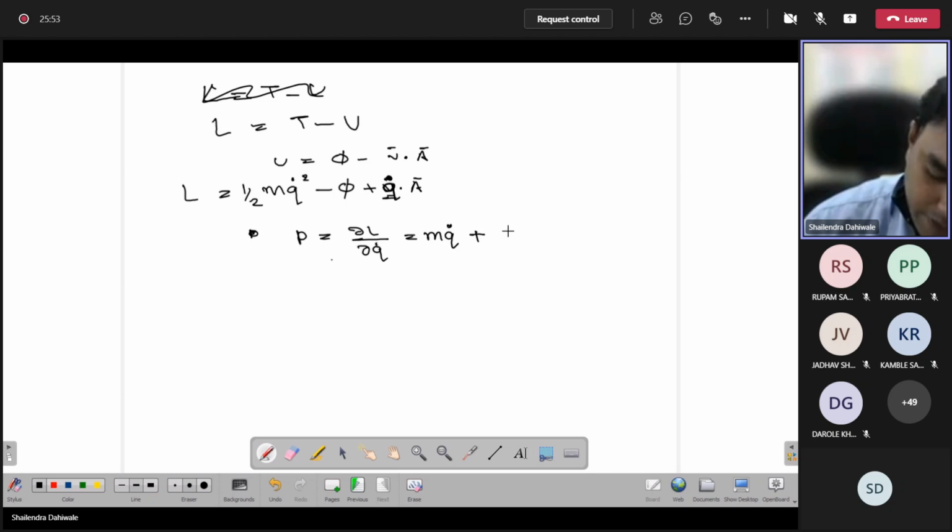So this is your canonical momentum. If you check here, this is your normal mechanical momentum, and you have an additional term here.